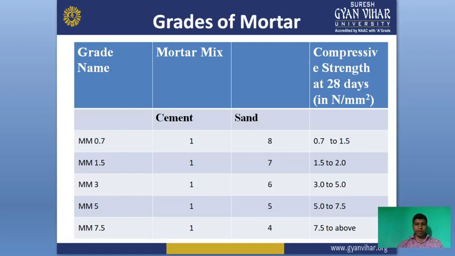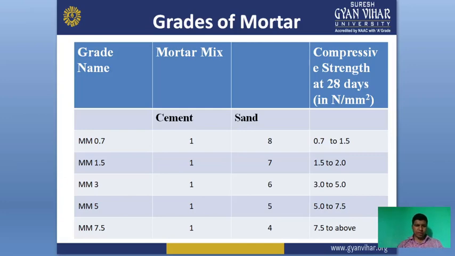The compressive strength means how much strength that grade of mortar gives us after 28 days. Like the 0.7 grade gives us strength between 0.7 to 1.5. This is the compressive strength at 28 days of the MM 0.7 grade. MM 1.5 gives us 1.5 to 2.0 Newton per mm square compressive strength after 28 days.